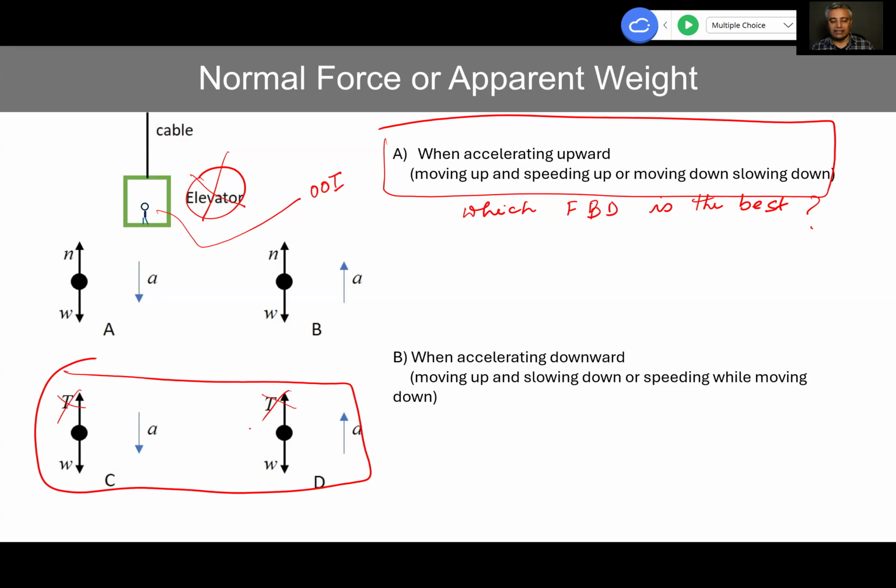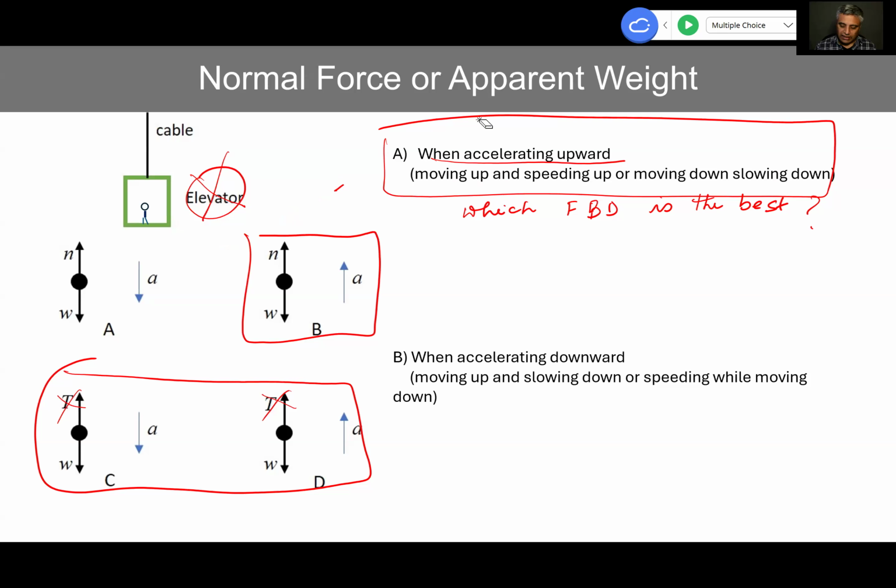Remember, tension force acts from the rope or the string. In this case, the cable is not attached to the person. The person goes up and down because the normal force is acting on them. So the free body diagram would have normal force and weight, but since it is accelerating up, this is the best.